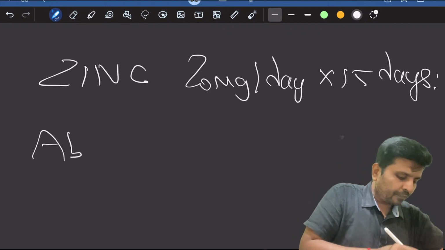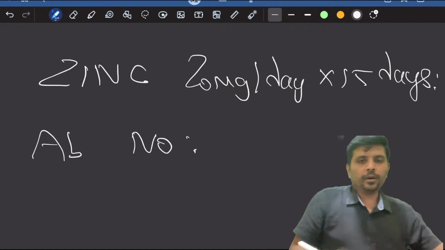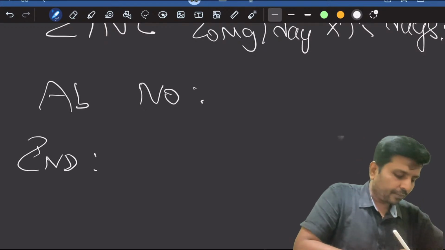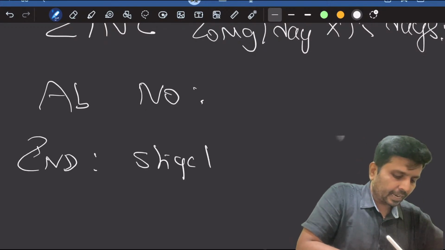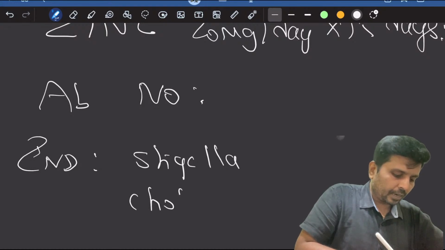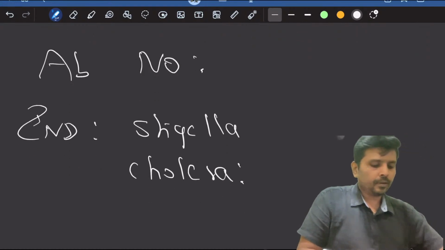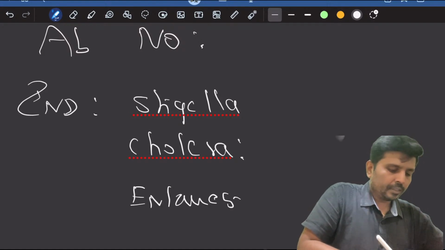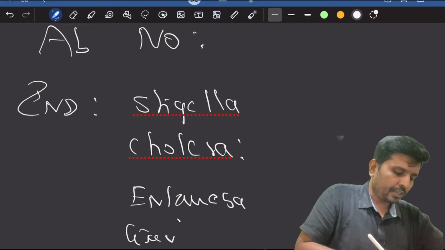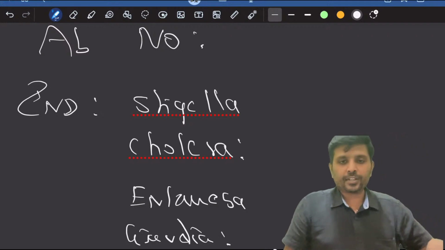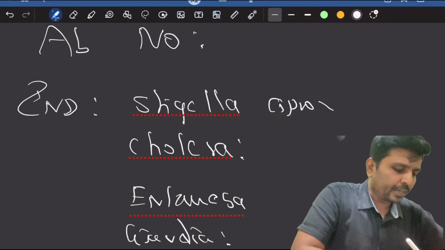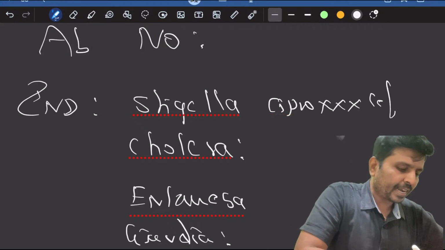Is there any role of antibiotics? No. What is the indication for antibiotics? Shigella, cholera, what else? Entamoeba, Giardia. For Shigella, previously ciprofloxacin, but now it is replaced by cefixime.